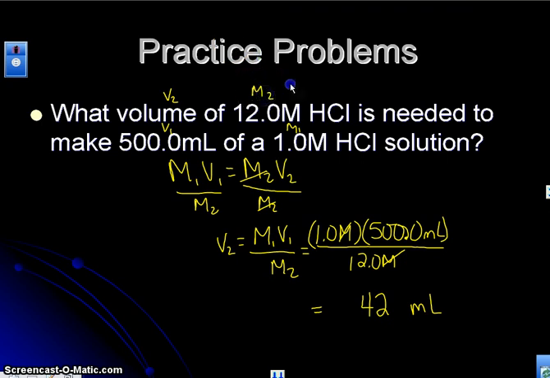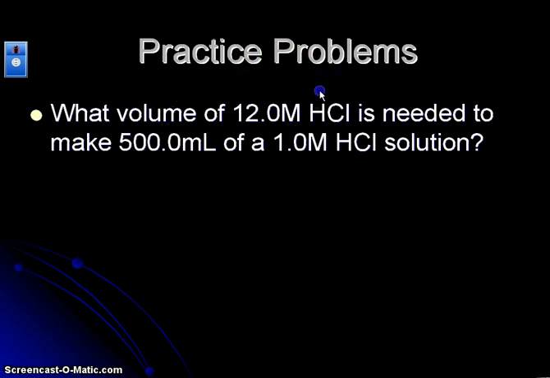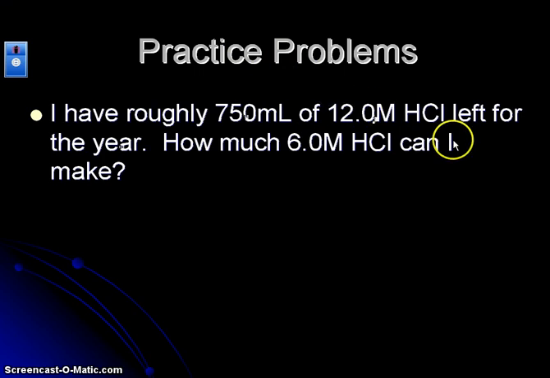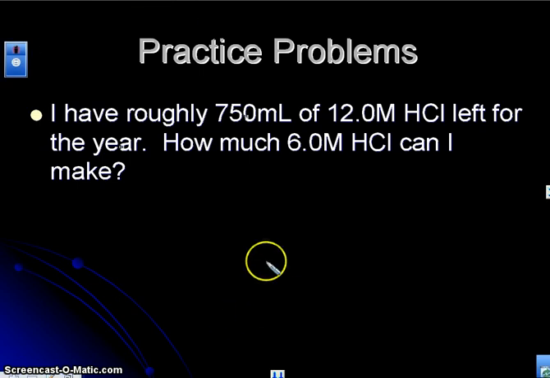Now let's try another problem. Go ahead and pause and read the question carefully and think about how to correctly pair these. In this problem, it's giving me roughly 750 milliliters of 12 molar hydrochloric acid.